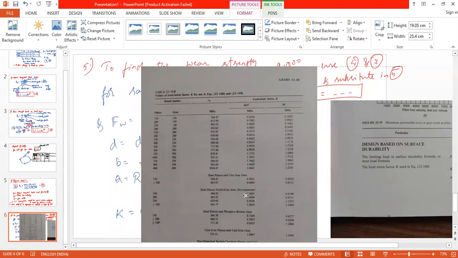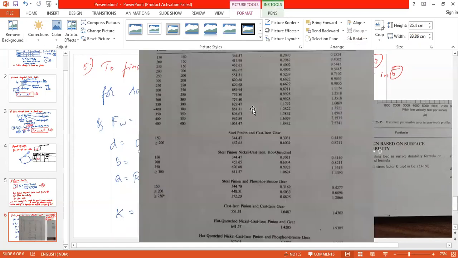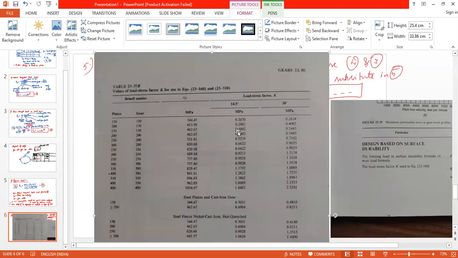Here in this table, if you know the value of K and the pressure angle, you can get the Brinell hardness number for pinion and gear.